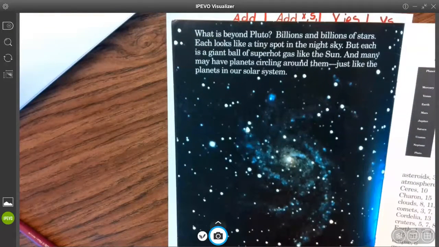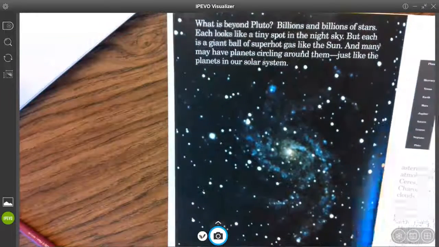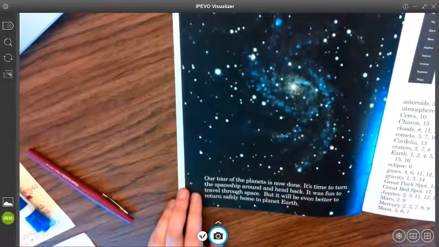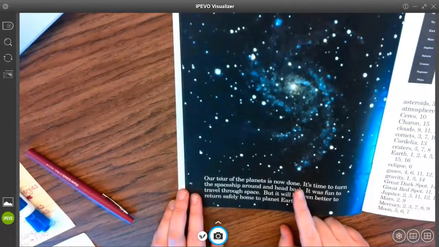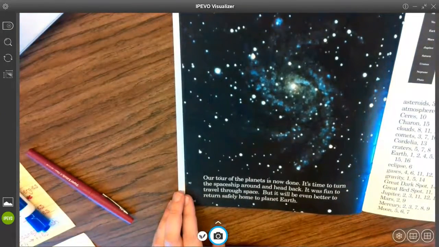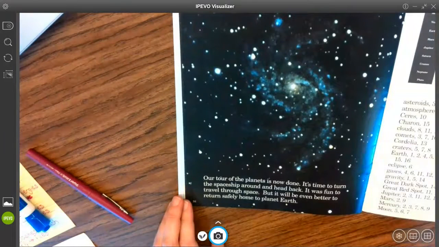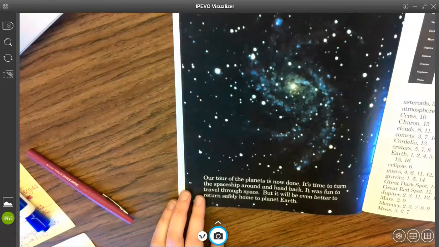Each looks like a giant spot in the night sky, but each is a giant ball of superhot gas like the sun, and many may have planets circling around them, just like the planets in our solar system. Our tour of the planets is now done. It's time to turn the spaceship around and head back. It was fun to travel through space, but it'll be even better to return safely home to planet Earth.